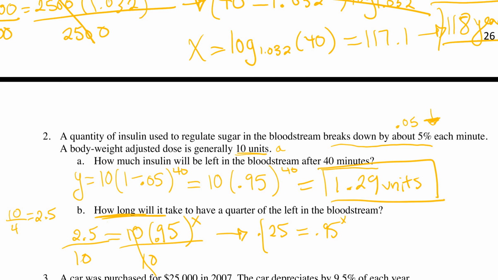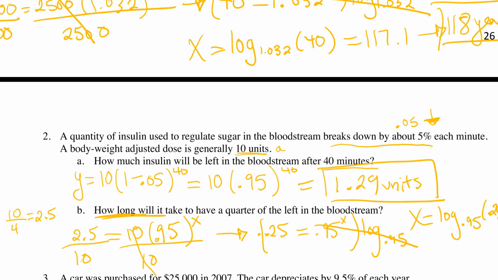Now you want to get that x all by itself, so you're going to do log base 0.95 on both sides. On the right, it cancels out. On the other side, you have log base 0.95 of 1/4, or 0.25. I know that's hard to see.